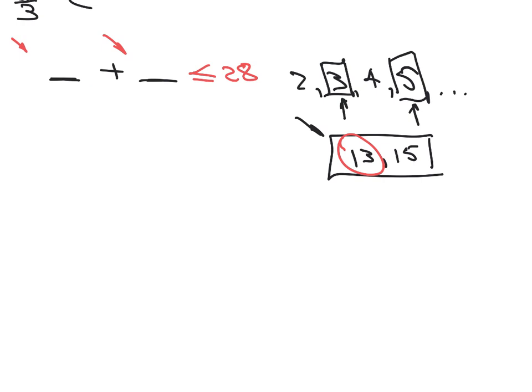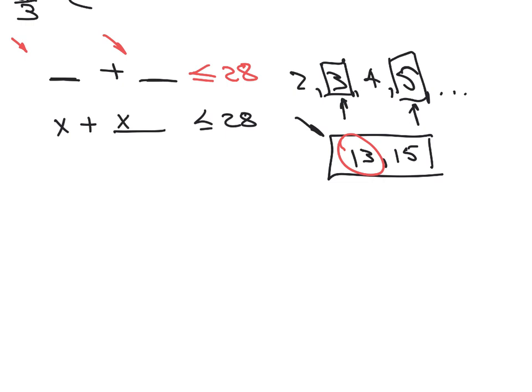So let's figure out what these numbers are that go here. Well, the first number, I'm going to use x. So x plus another number is less than or equal to 28. So how do I label this number? Well, how did I get from 3 to 5? What did I add to 3 to get 5? I added 2. What did I add to 13 to get 15? 2. What do I add to this to get the next one?